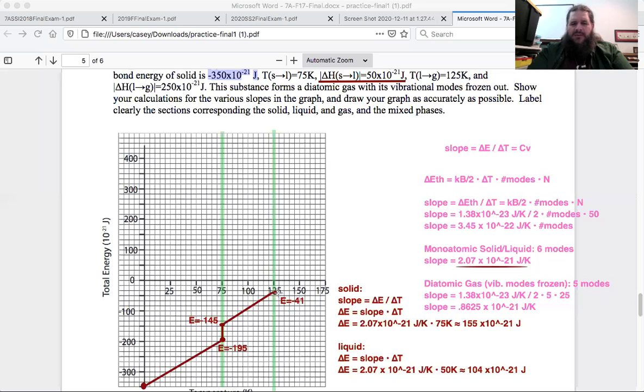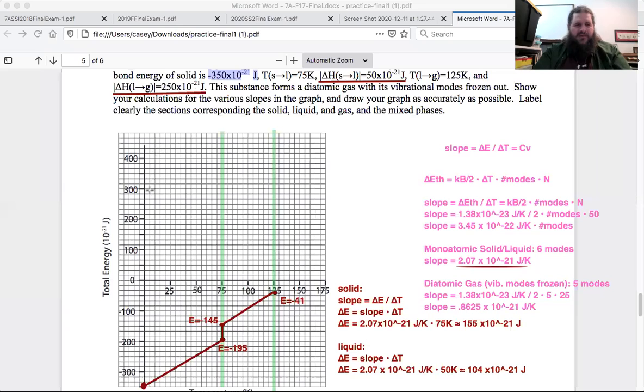But then once we get to 125 Kelvin and we add more energy, what's going to happen? Another phase change from liquid to gas. Yeah, phase change from liquid to gas, and we know from the delta H listed how much energy that's going to give. So we add to negative 41, we add 250.